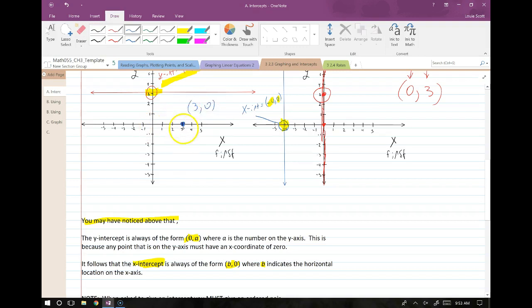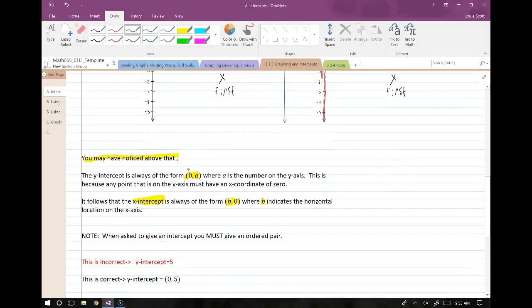Since the point is directly on the x-axis, right, what does y equal there? y always equals 0 when it's on the x-axis, and so all x-intercept points will have the form (b, 0), right? So the y-intercept is of the form (0, a). The x-intercept is of the form (b, 0).